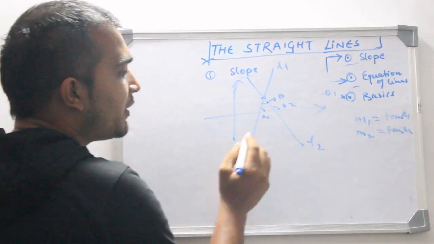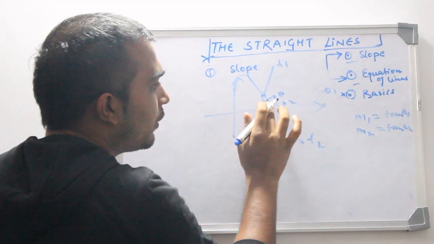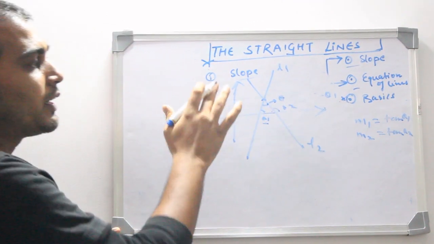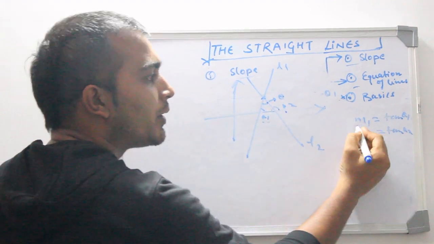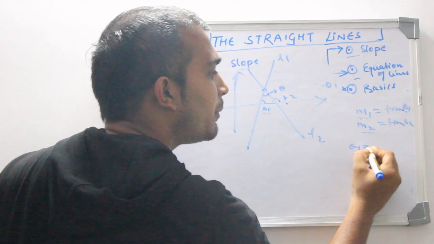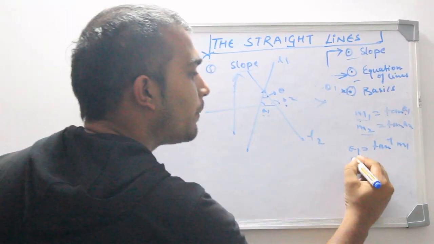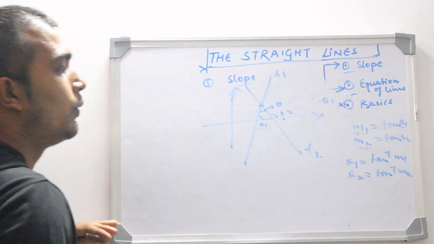To find out the angle between them, if I know theta 1 and if I know theta 2, I can find out the angle between the two lines. And where do I get this theta 1 and theta 2 from? From the given slope. We know m1 is equal to tan theta 1, so theta 1 will be nothing but tan inverse of m1. Similarly, theta 2 will be nothing but tan inverse of m2.